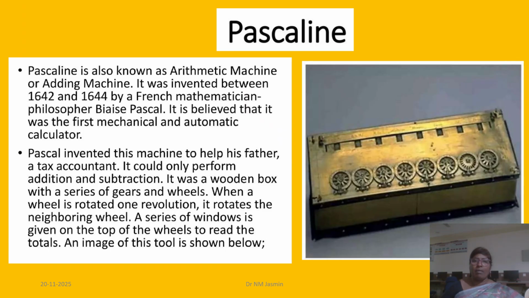Next is Pascal's machine, also known as the arithmetic machine or adding machine. It was invented between 1642 and 1644 by the French mathematician and philosopher Blaise Pascal.